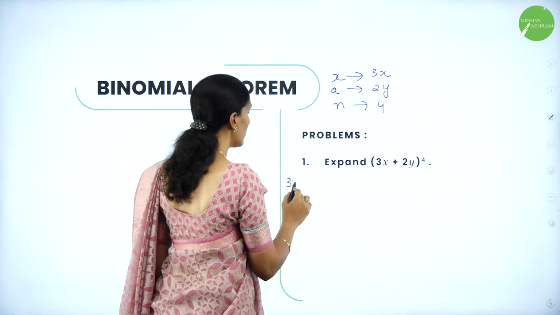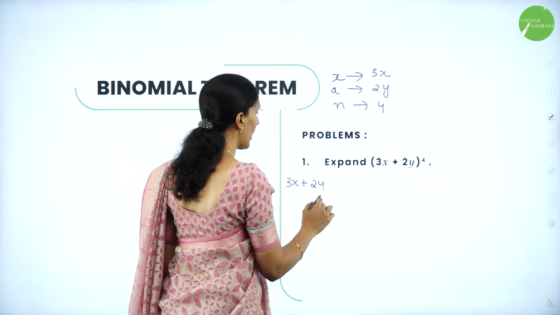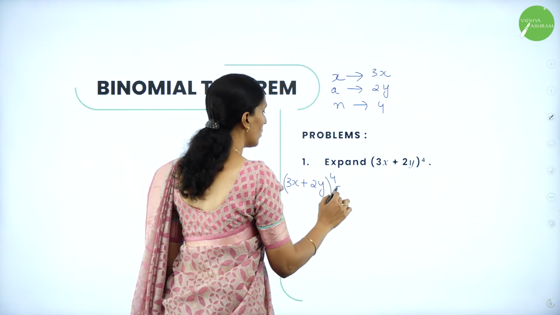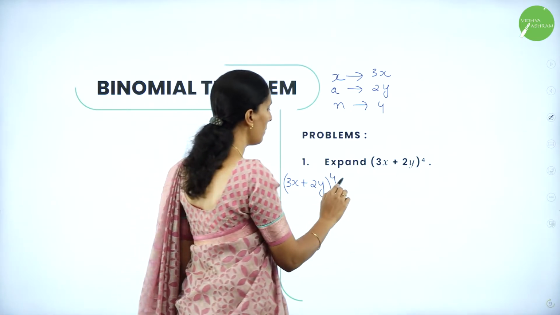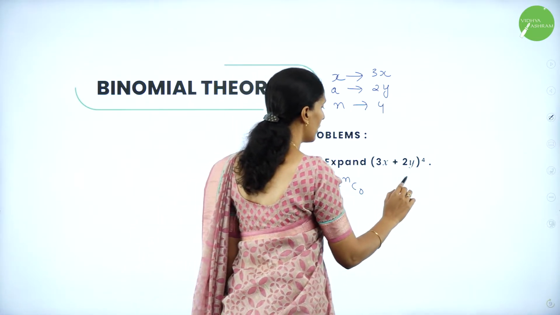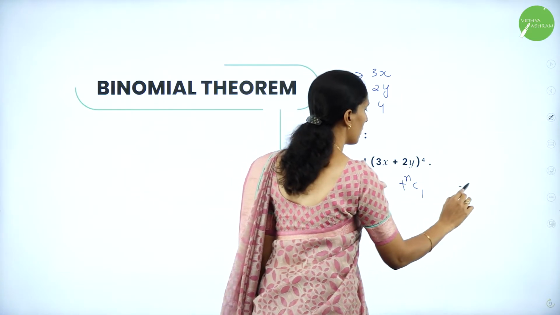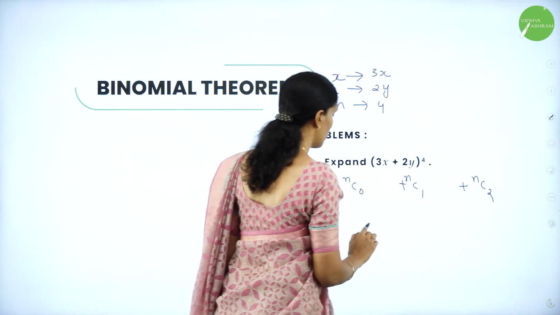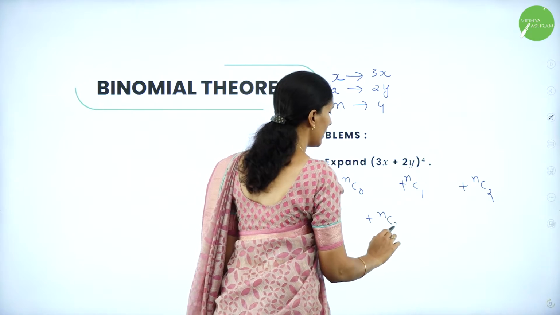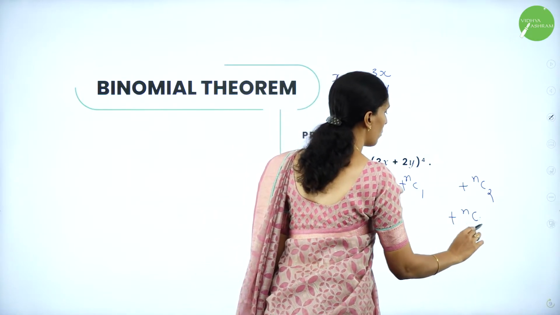Let me write it using the statement of binomial theorem. Here I have 3x plus 2y whole power 4. So let me write the coefficients NC0, NC1, NC2, NC3, NC4.